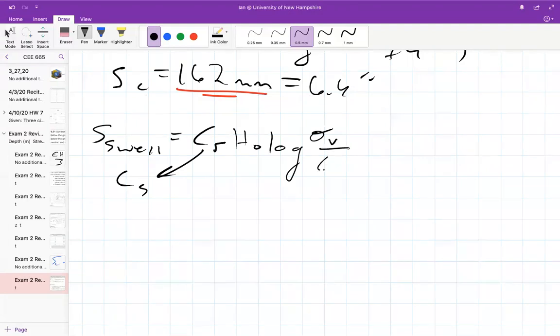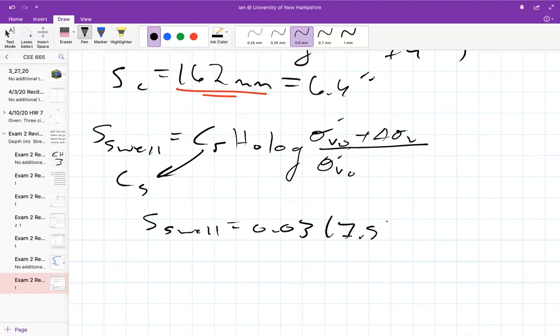So we'll get our swell to be 0.03 times 7.5 log of 40.1 plus 48 over 40.1.